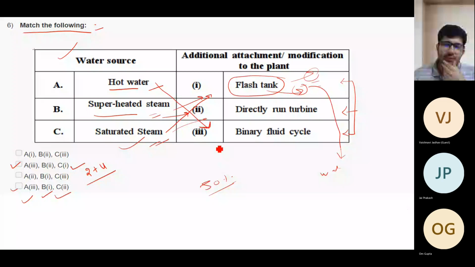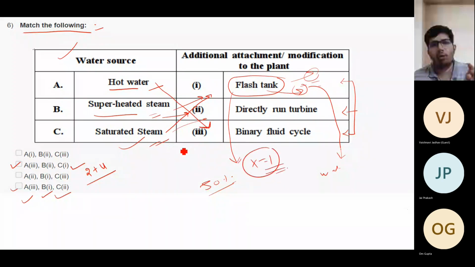Basically, a flash tank is not converting steam to superheated steam. Don't think in that way. The flash tank eliminates the water droplets and increases the quantity of steam. Maybe that steam is also saturated, but X will be 1. The fraction of steam will be 1. There are no water droplets actually. So think in that way, that a flash tank will remove any water droplets from the steam.